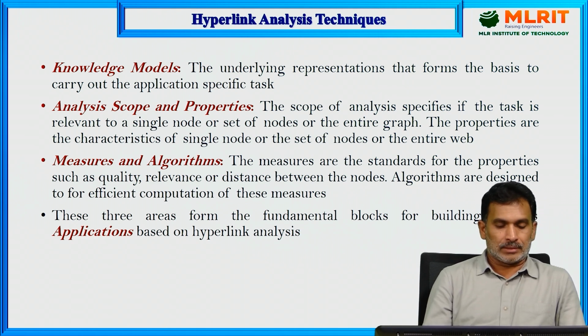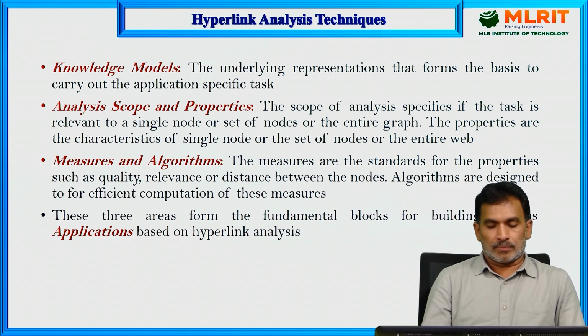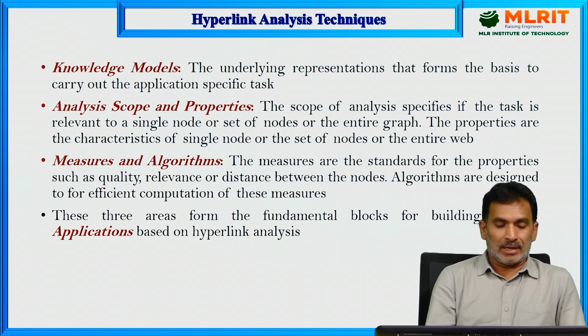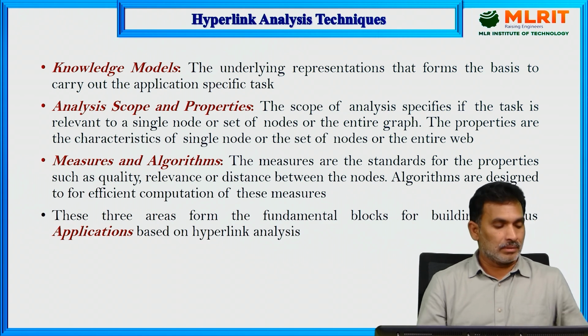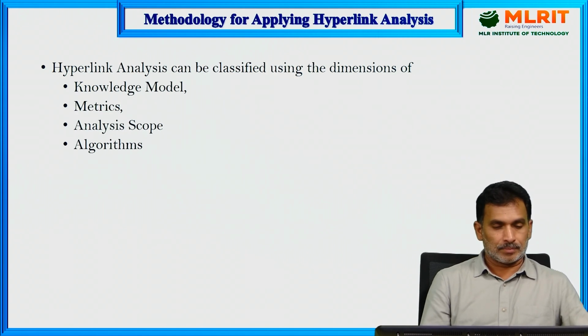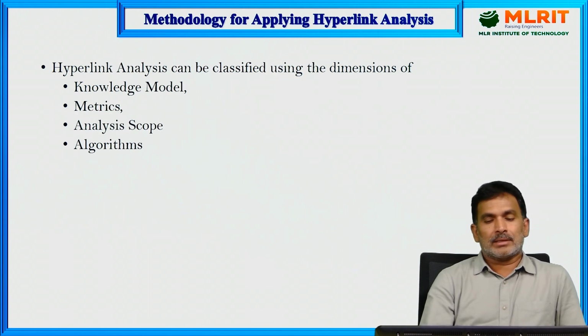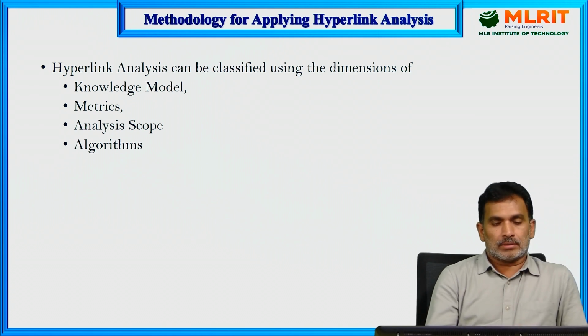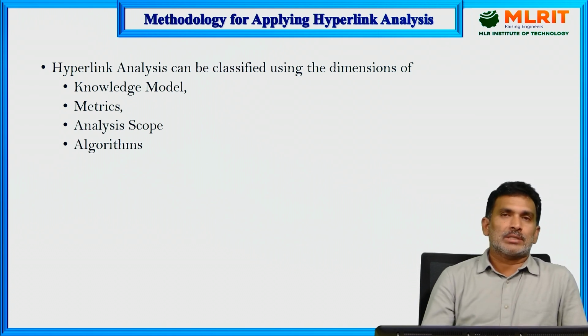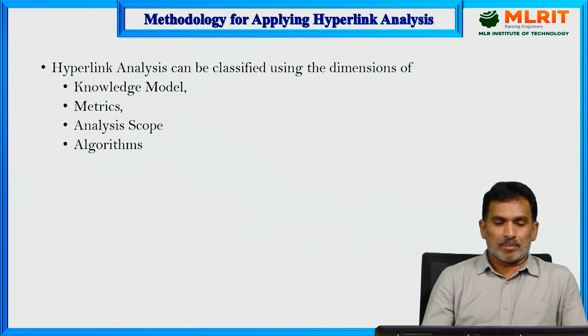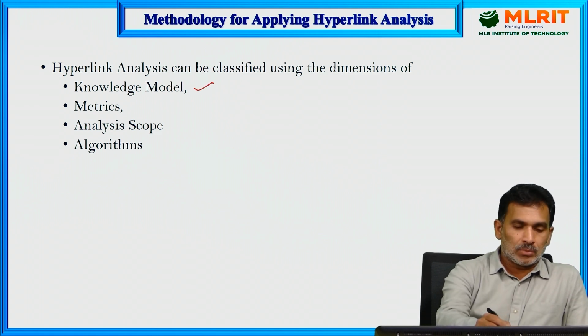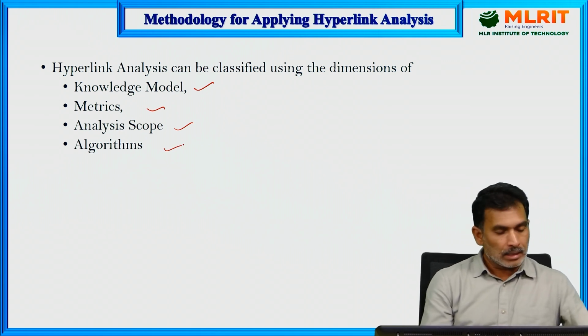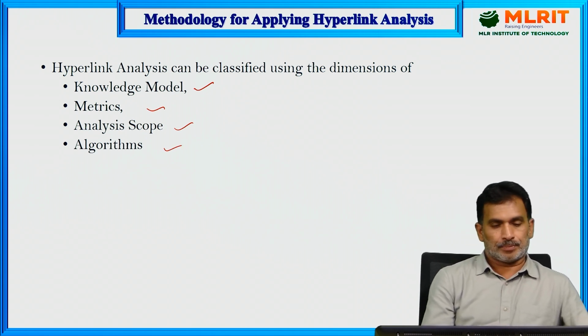These are the fundamental building blocks for various applications based on hyperlink analysis. Hyperlink analysis methodologies can be classified using different dimensions: knowledge model, metrics, analysis scope, and algorithms are the four dimensions.